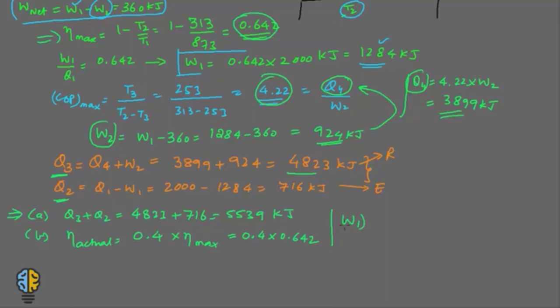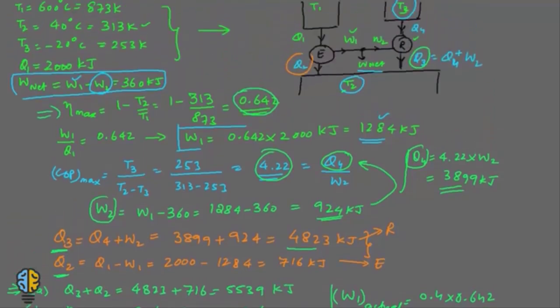Now, if you find out the amount of actual work done, that is W1 actual, that is 0.4 into 0.642 into the amount of heat being absorbed, that is 2000, it remains the same, and this is equal to 513.6 kilojoules. So this is the actual amount of work done by the heat engine, W1.